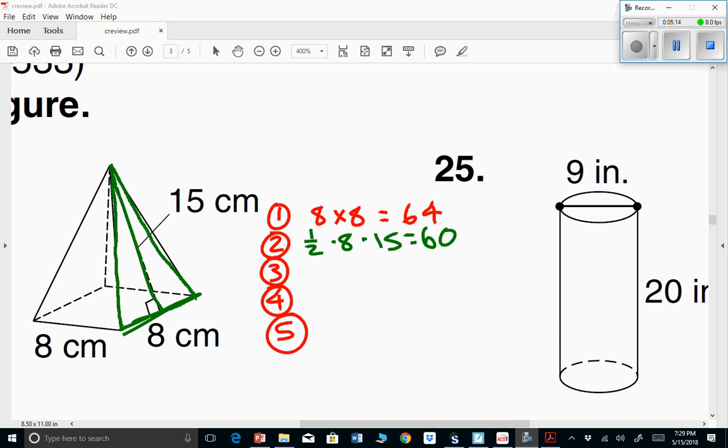Now, the beautiful part about this is that because these dimensions are all 8, these 4 triangles are going to all be exactly the same. So we're just going to put ditto marks here. And we know that they're all going to be 60, 60, 60. So those are our 5 faces. And then all you do is add those up to find your surface area.